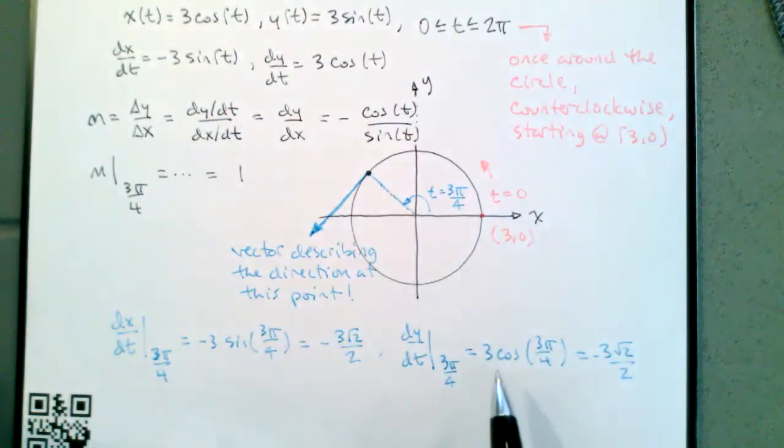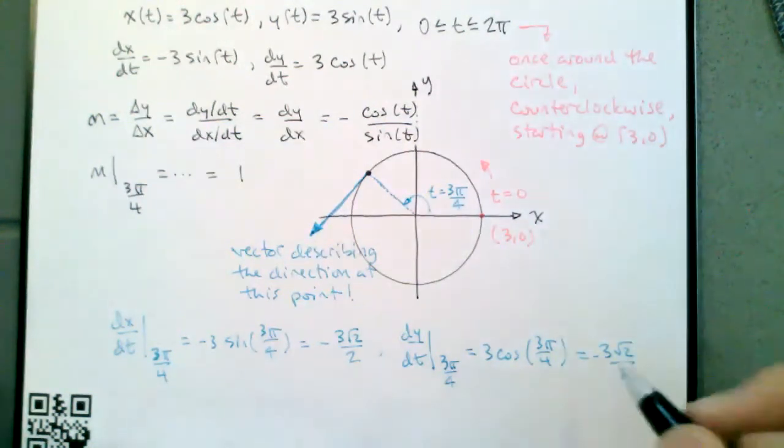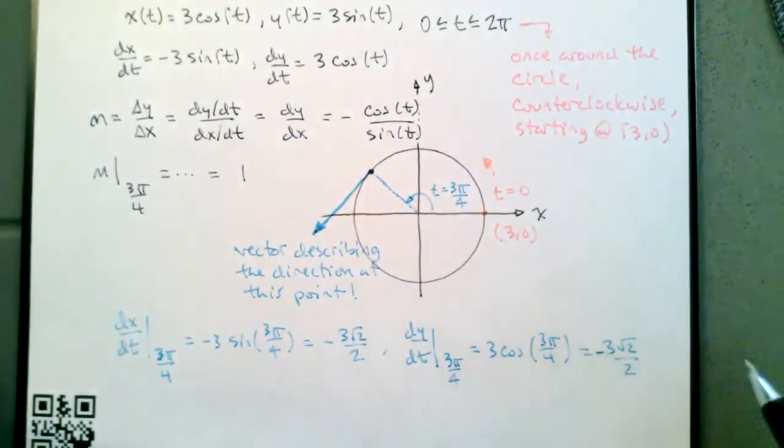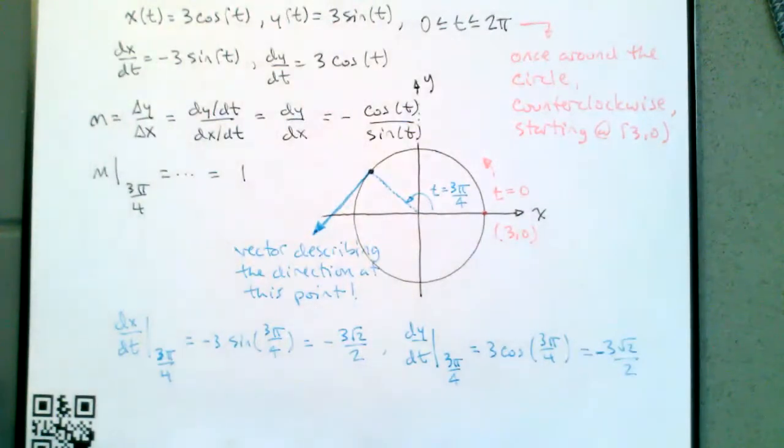And in dy/dt, cosine of 3π/4 is going to be negative √2/2. So that's where this negative comes from. We're describing a direction that things are headed at that point. Questions?